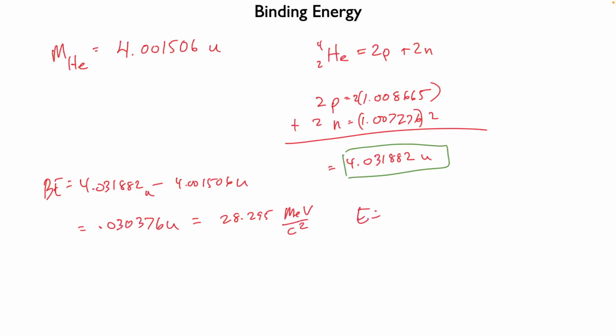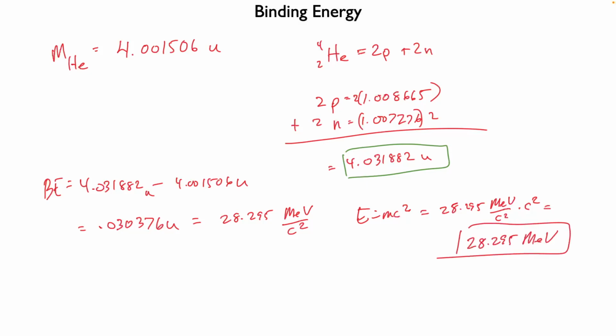And since E is equal to mc squared, I can just take my 28.295 mega electron volts per c squared, multiply by c squared, and I get my binding energy of 28.295 mega electron volts. There's the energy that came from a mass, right? And that's the energy that is keeping the helium nucleus together.